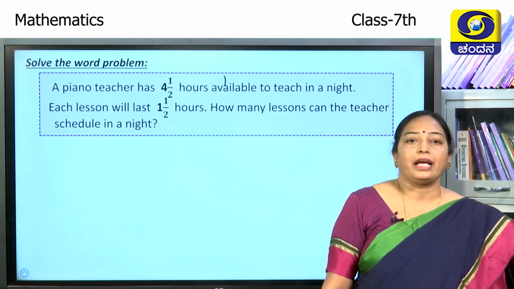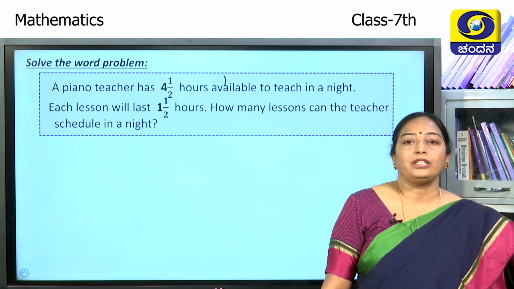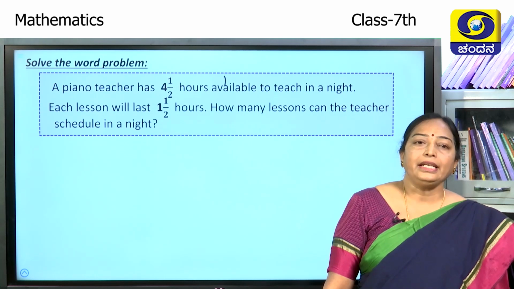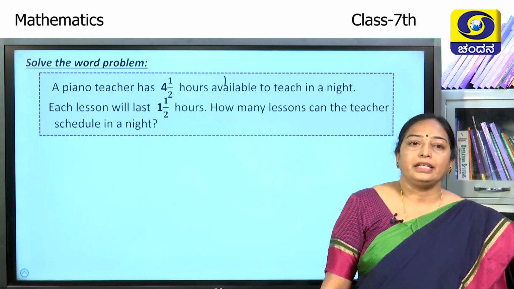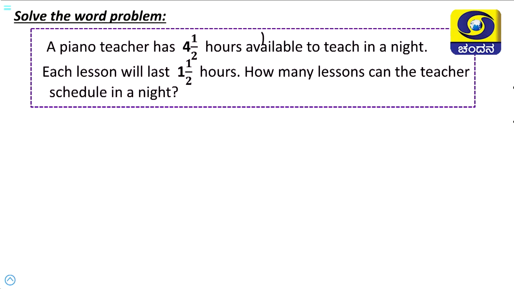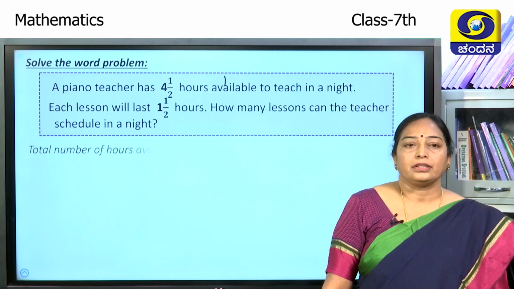A piano teacher has 4.5 hours available to teach in a night. Each lesson will last 1.5 hours. How many lessons can the teacher schedule in a night? Let us solve this.